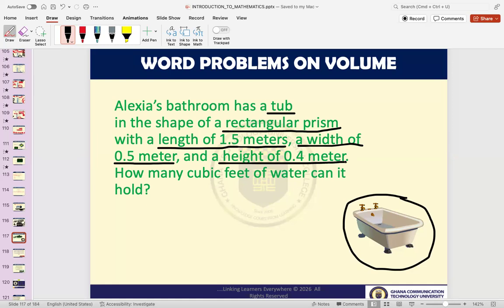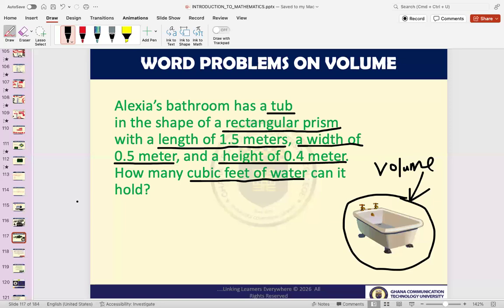The moment you see measurements like this, something should start dropping in your mind. How many cubic feet of water can it hold? In other words, what is the volume of water that this bath can hold?